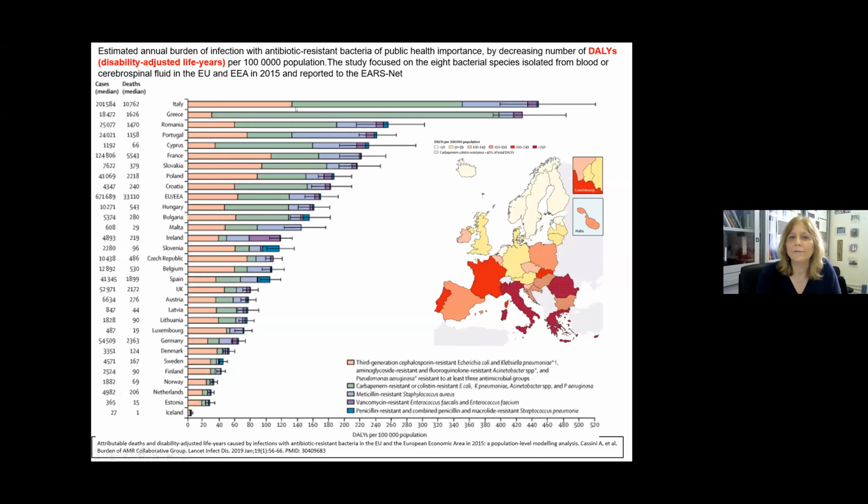You see, we were the first bar in this paper, with 2,000 cases and 10,000 deaths. And if you look at which colors are filling this bar, the pink is third-generation cephalosporin-resistant E. coli, Klebsiella, and Acinetobacter, Pseudomonas. And the green is carbapenem-resistant, now colistin-resistant, E. coli, Klebsiella, and Acinetobacter, Pseudomonas.